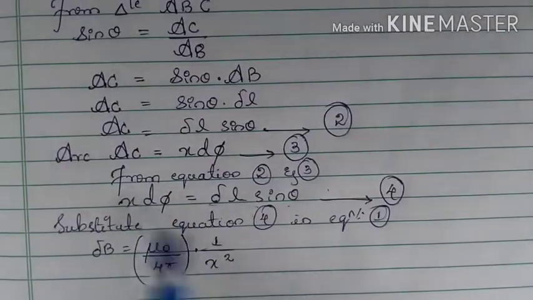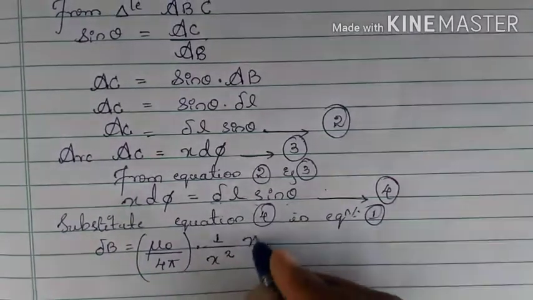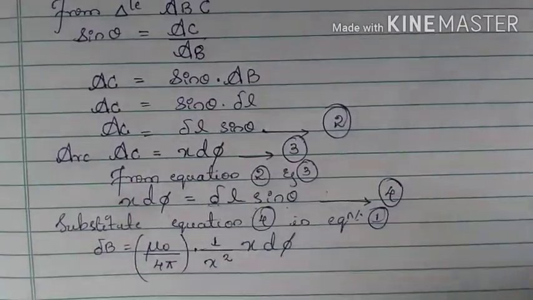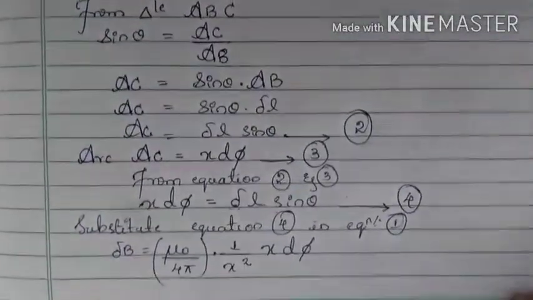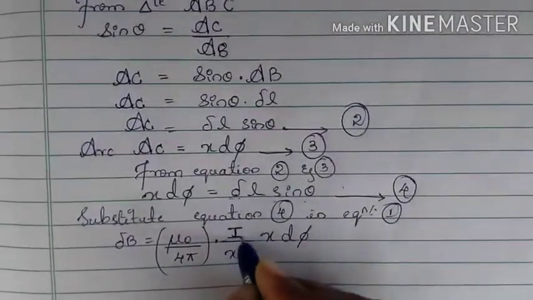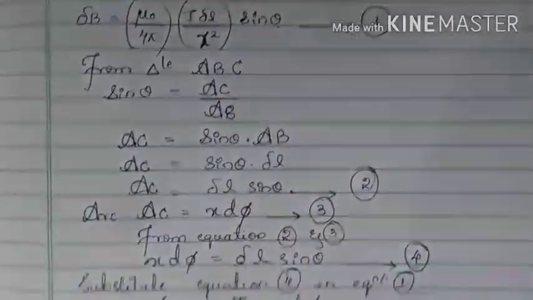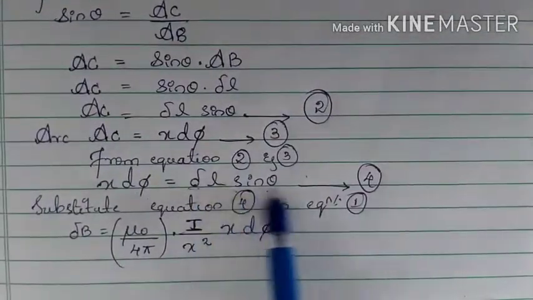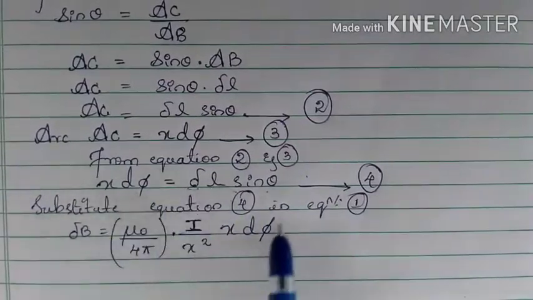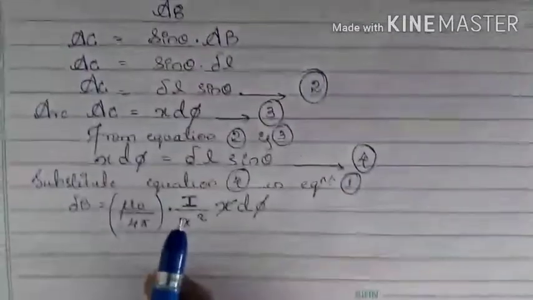Then we can write delta L sin theta as x d phi. So we have the current I. So mu naught by 4 pi I by x square, where delta L sin theta has been replaced with x d phi. From this you can cancel out x and x.